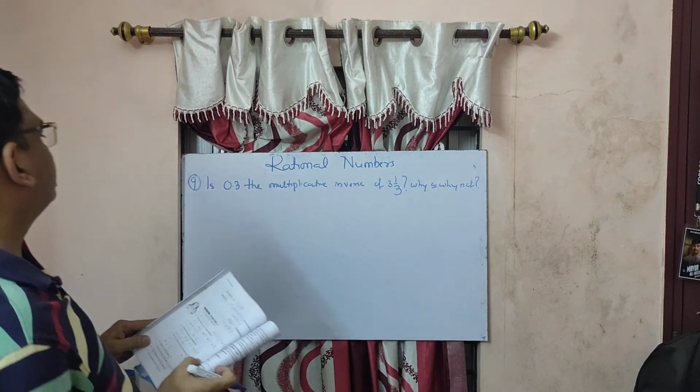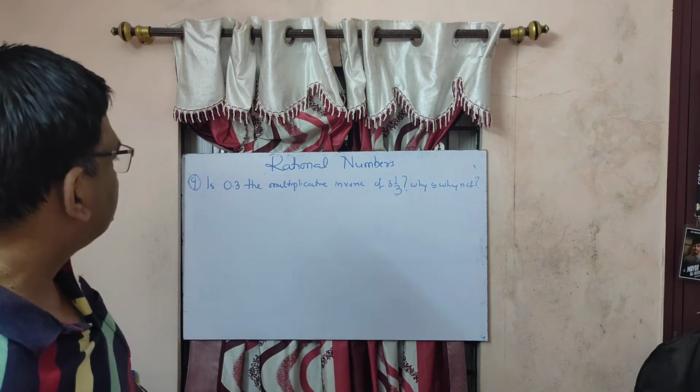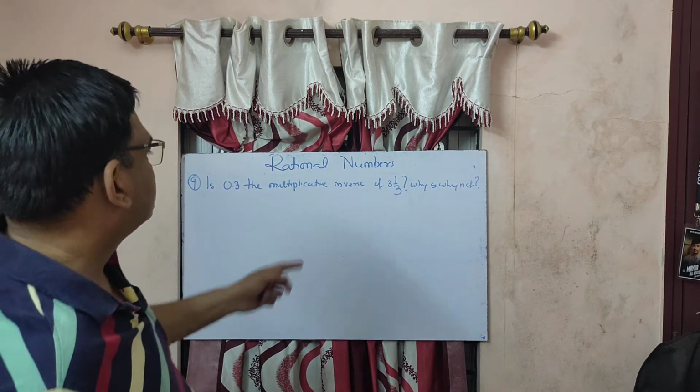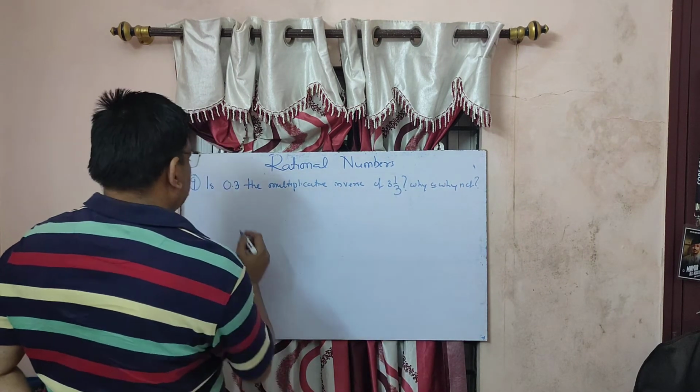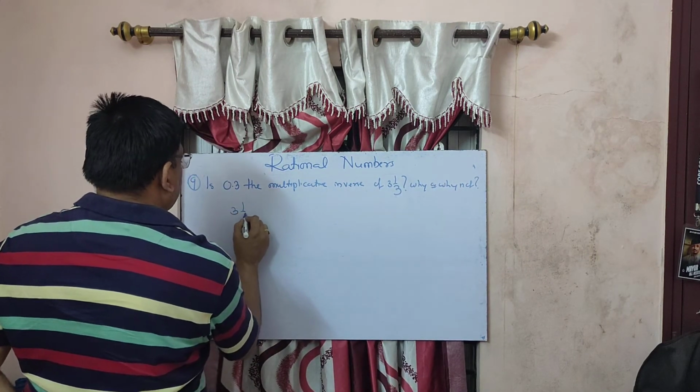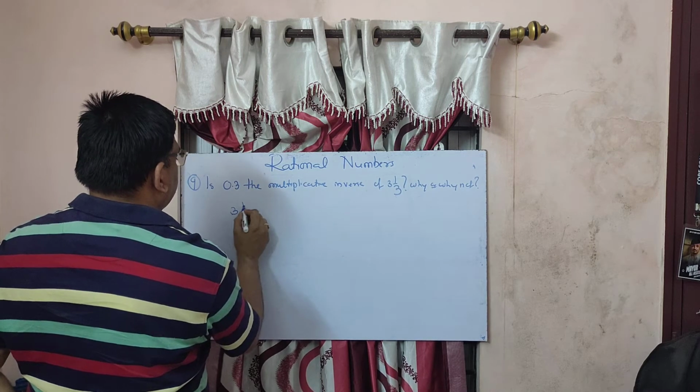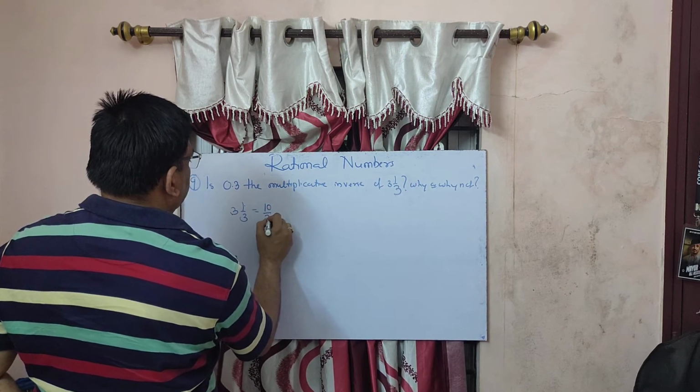So is 0.3 the multiplicative inverse of 3 1 upon 3? So now, 3 1 upon 3. 3 threes are 9, 9 plus 1 is 10 upon 3.